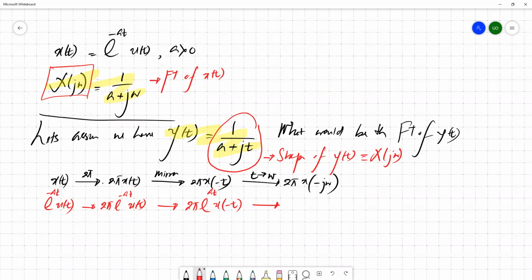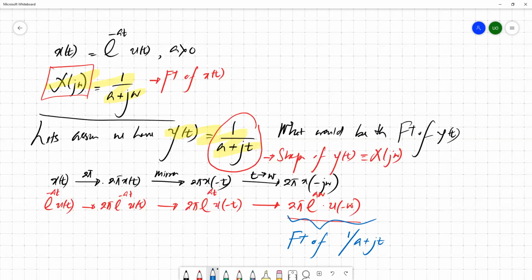Then replace t with omega, so you have 2 phi e to the power a omega u minus omega. So this is the Fourier transform of 1 over a plus j.